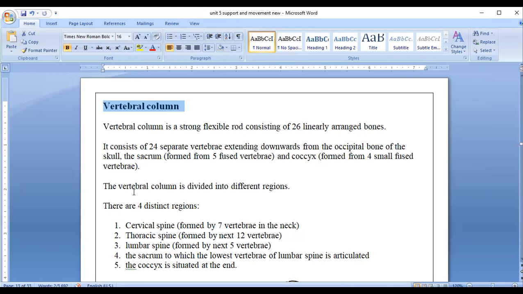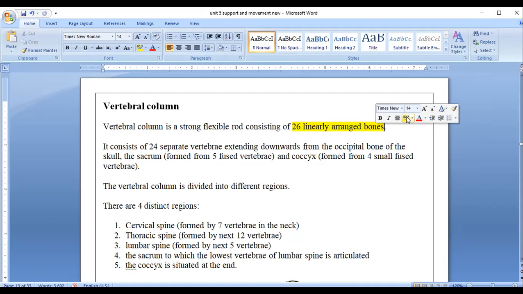How many pieces? 26 pieces. That's why your book says it consists of 26 linearly arranged bones.